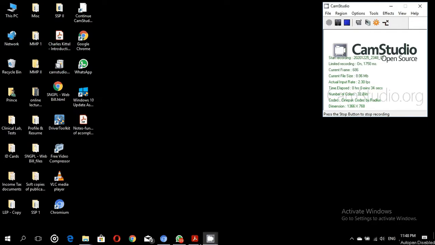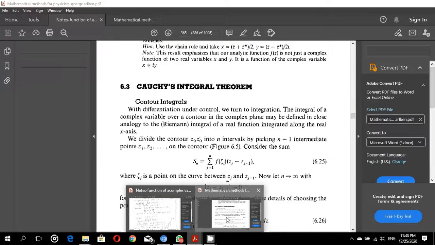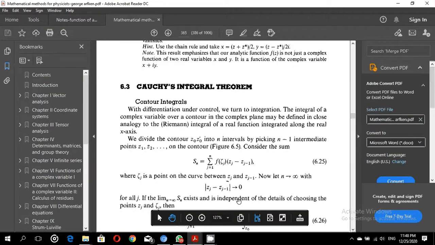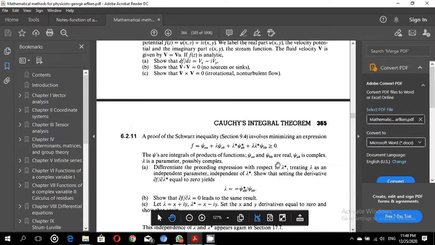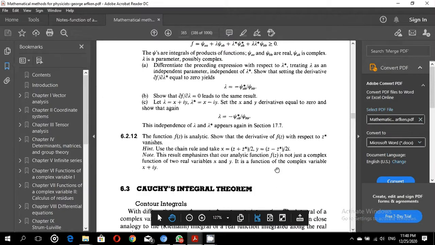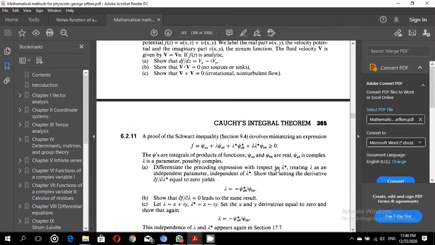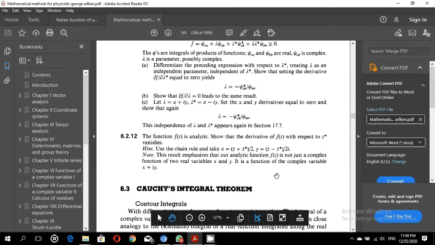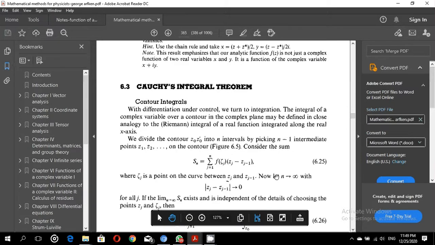Now, today's lecture is from chapter number 6, and it is page 365 from the third edition of the book by Arfken.